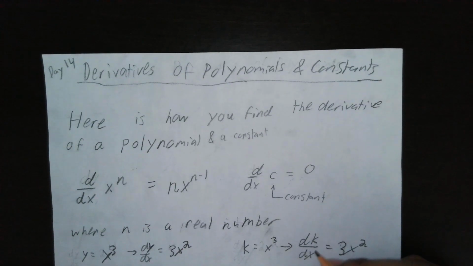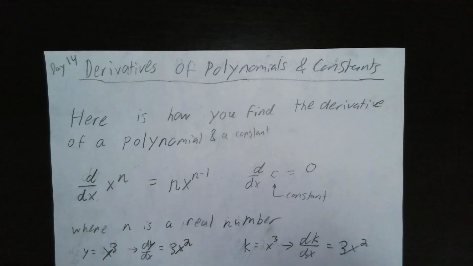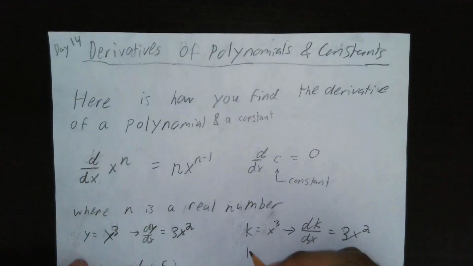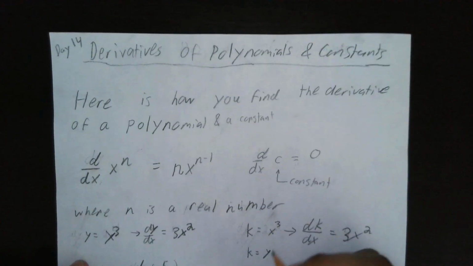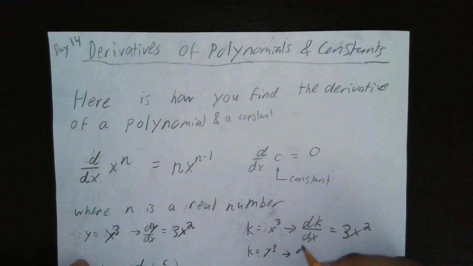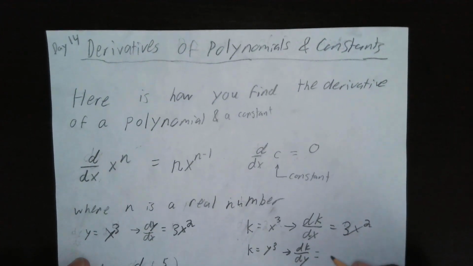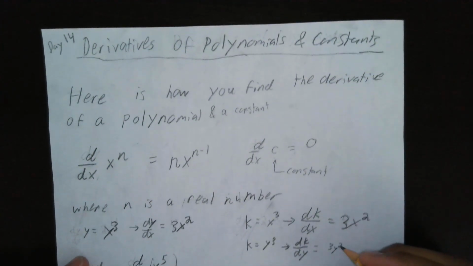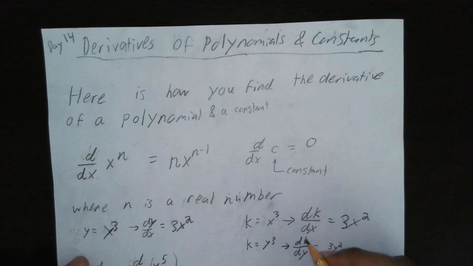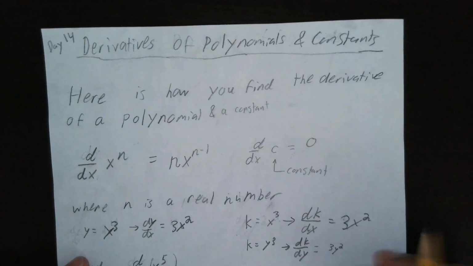In this case, our independent variable is x, and so you write x. If your independent variable happened to be something else, for example, if I had something like k is equal to y to the power of 3, I'd be writing dk over dy, and this would be 3y squared. So just remember that dependent variable on the top, independent variable on the bottom. And it's okay if you don't have your dependent variable, just write your independent variable on the bottom.